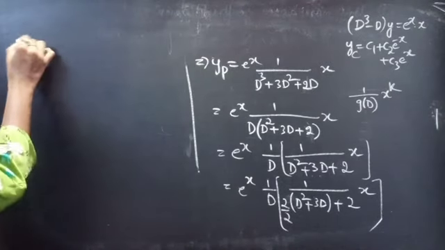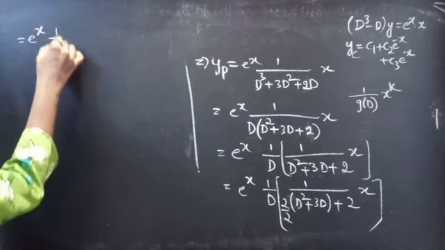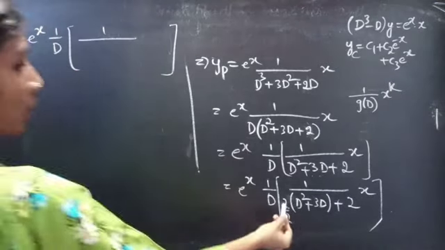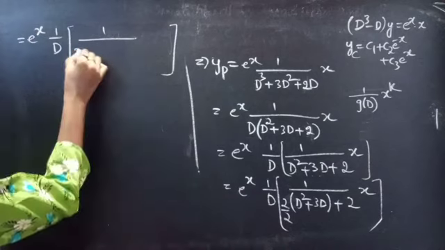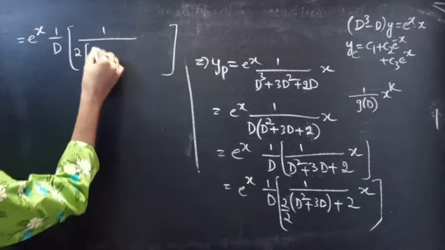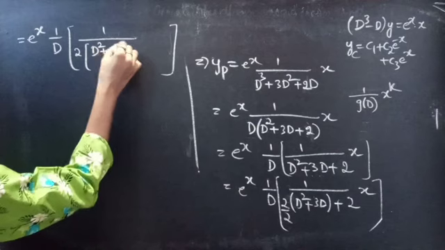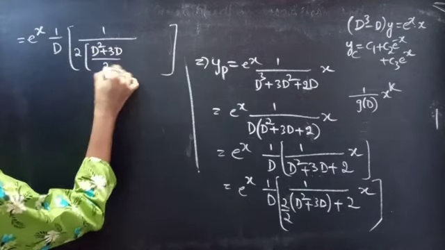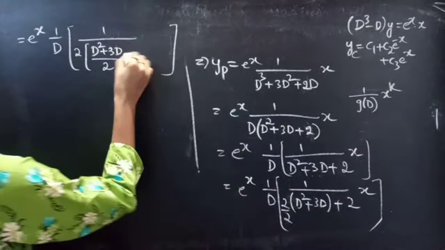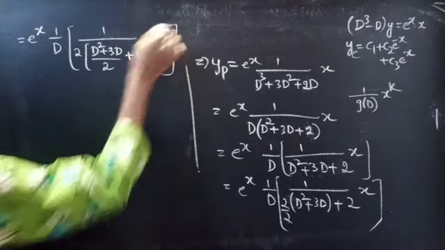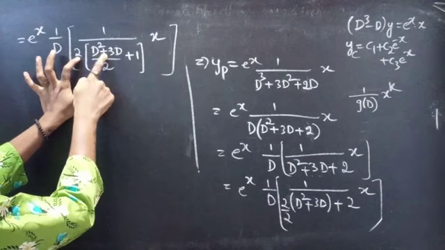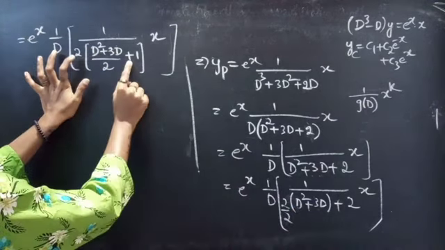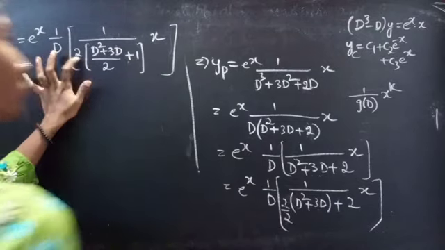This becomes e power x into 1 by D into 1 by, now take 2 common from the two terms, we'll get 2 times (D square plus 3D by 2 plus 1) into x. See, 2 into (D square plus 3D by 2) is 2 by 2 into D square plus 3D, plus 2 into 1 is 2, right?